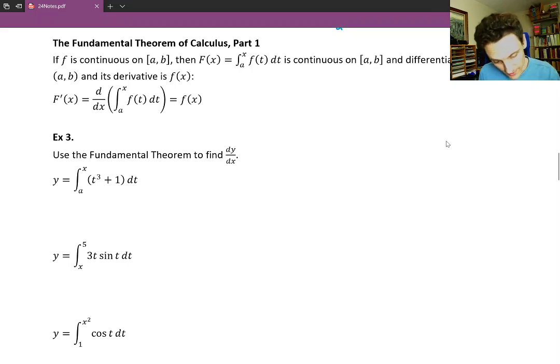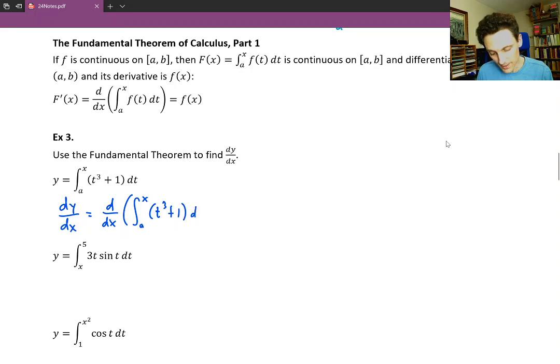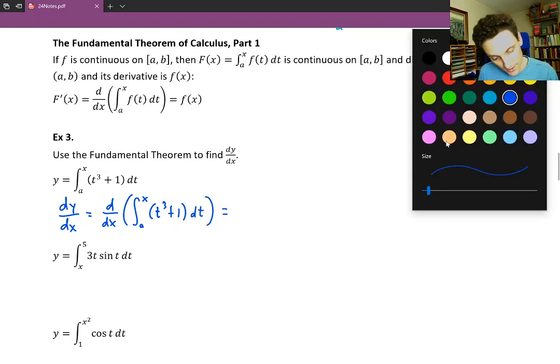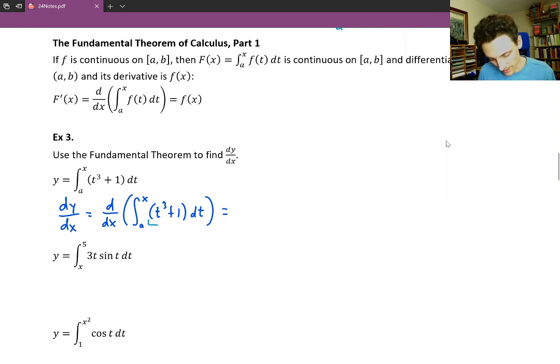So here's how it looks. Dy dx, the rate at which this function is changing with respect to x, is the rate at which that integral is changing with respect to x, the rate at which that area, which the integral represents, is changing with respect to x. And here's your little f of t.